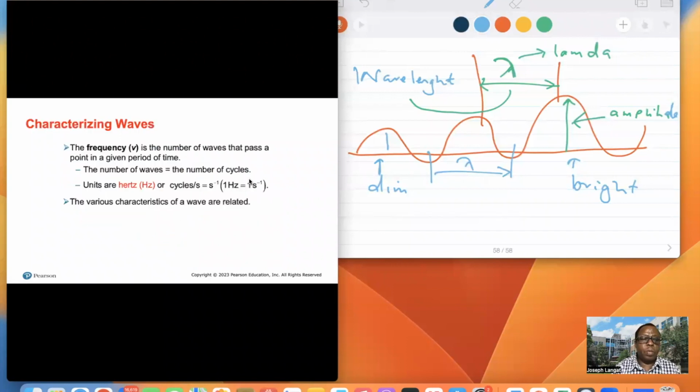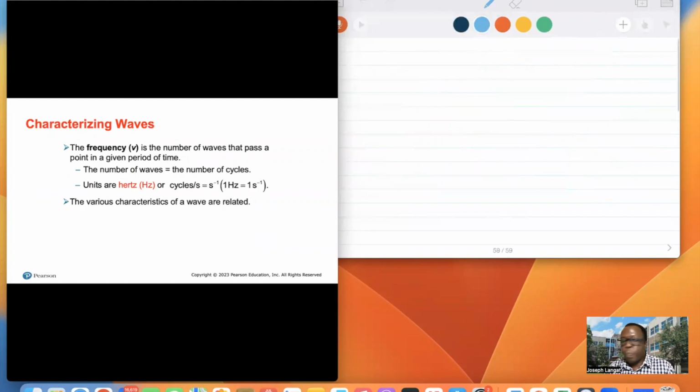But I just mentioned frequency. What is the frequency? Frequency is the number of complete waves passing a certain point over a period of time. And we use hertz. One hertz equals one per second. Units of frequency.